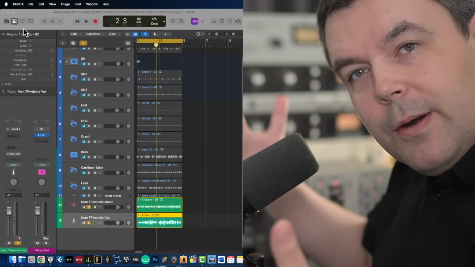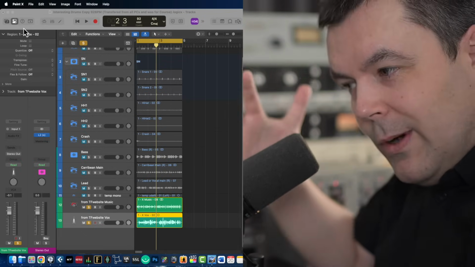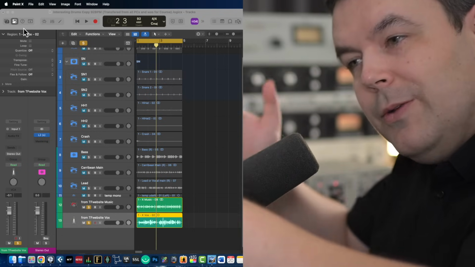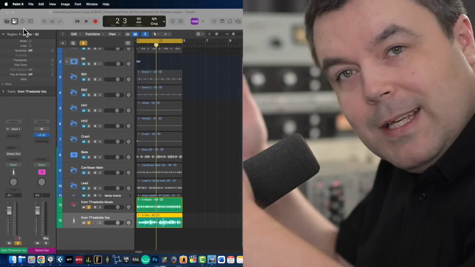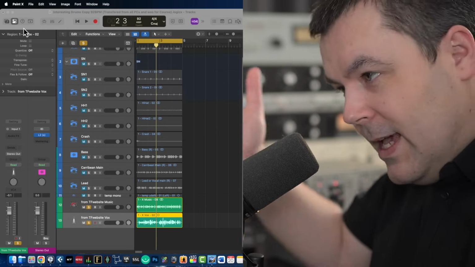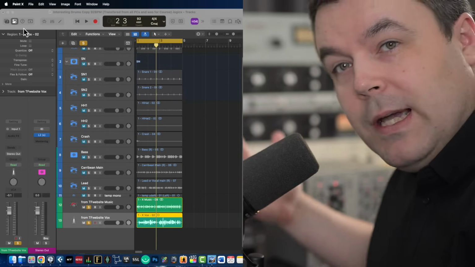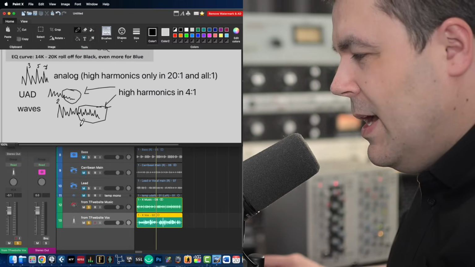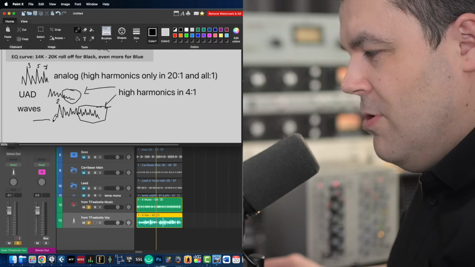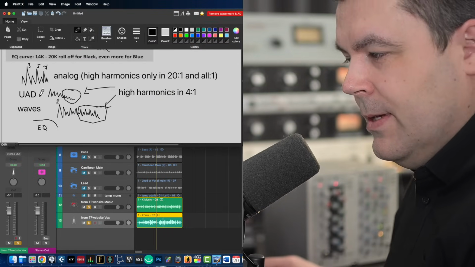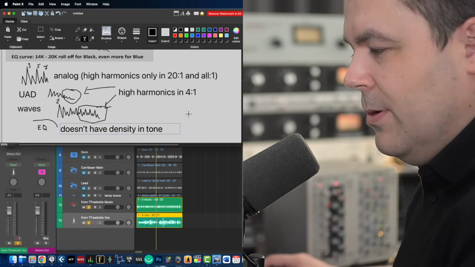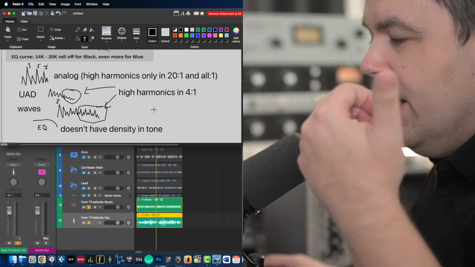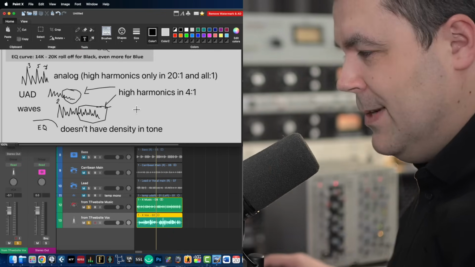It's a dynamic coloration as well, because when a note is quieter, it's a bit different structure. When a note is louder, it's a bit different structure. And as even the core structure of this plugin is not exactly the same, all this dynamic coloration is also going to be completely different. Also, you heard how Waves has high frequency roll-off. The UAD plugin has much more density. Waves doesn't have density. So Waves is not only different in coloration and EQ, even tone-wise it sounds different.